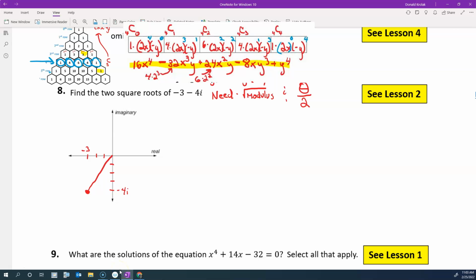All right, now, the modulus of this is pretty easy. So the modulus is going to equal the square root of, that's A, that's B, so A squared plus B squared.